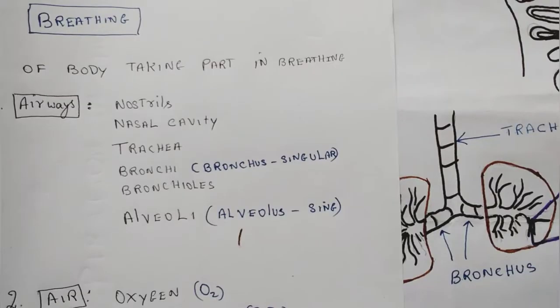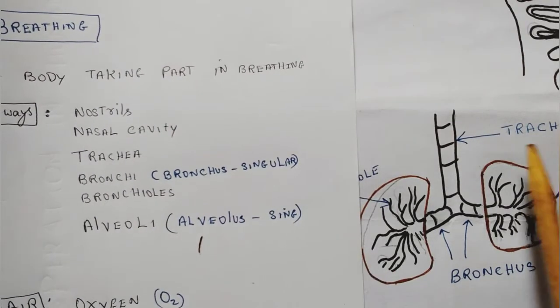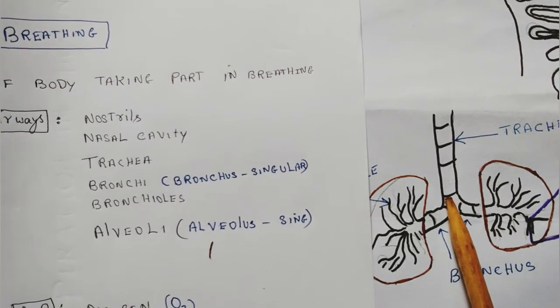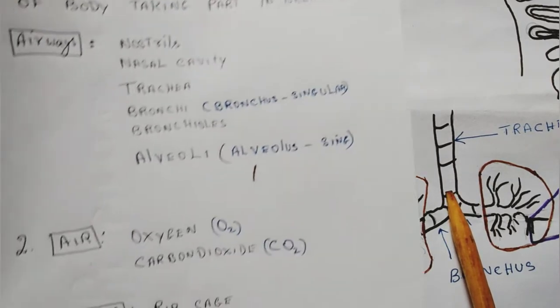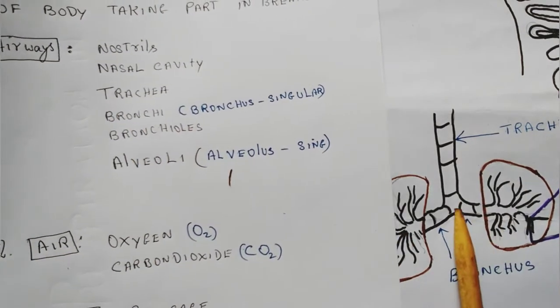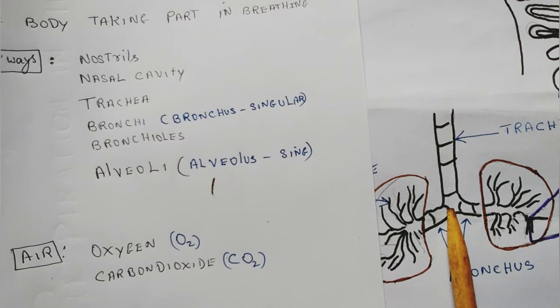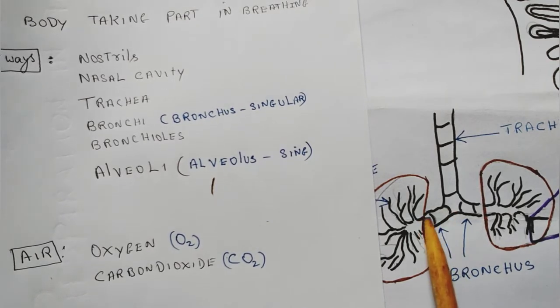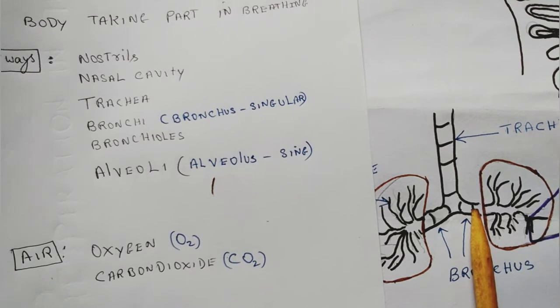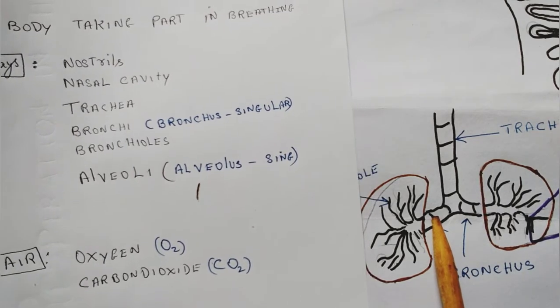And this trachea is then divided into two parts. When it reaches the chest, it divides into two parts, one to the right and the other to the left. And each of these is called bronchus. This is one bronchus and this is another bronchus.